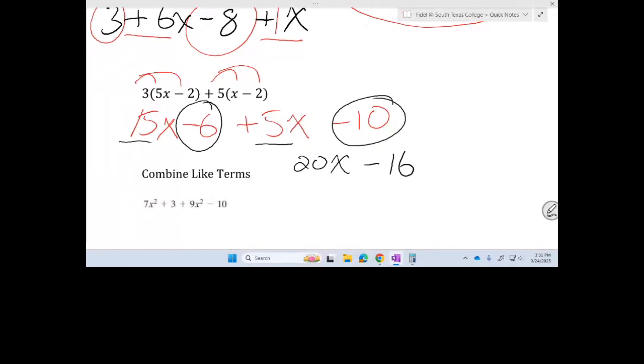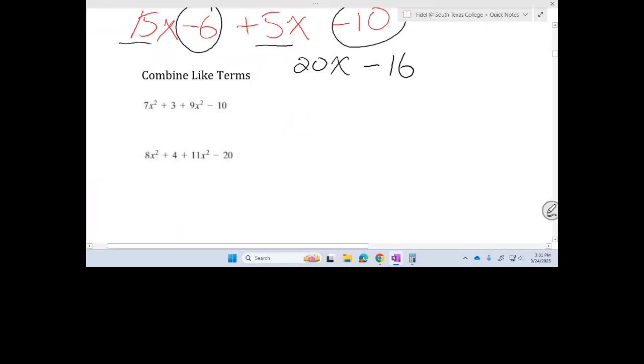All right. So y'all, 2 last problems here in 2.1. We're, again, still worrying about combining like terms. So look, y'all, my like terms here are 7x squared and 9x squared. I'm just going to add those numbers. So 7 and 9 is 16. Still stays as x squared, okay? And then a positive 3 and a minus 10 should be a minus 7, right?